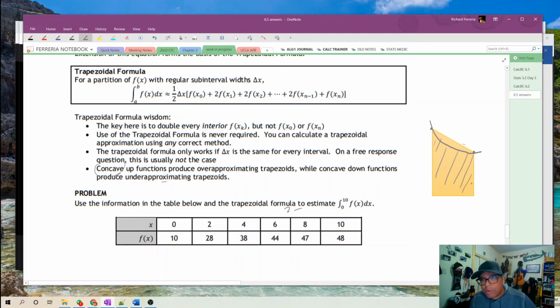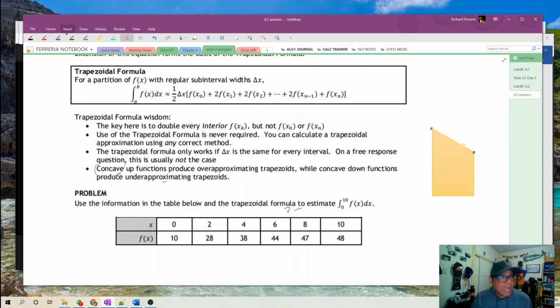So the area underneath the curve in that same sliver, yeah, it's definitely smaller than the area of the trapezoid. So because the area of the curve is less, on a concave up function, the trapezoidal approximation will be an over approximation.